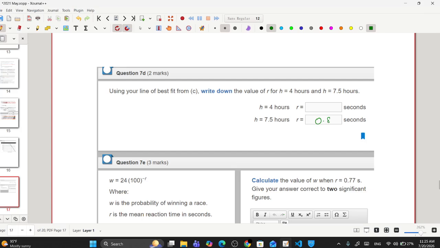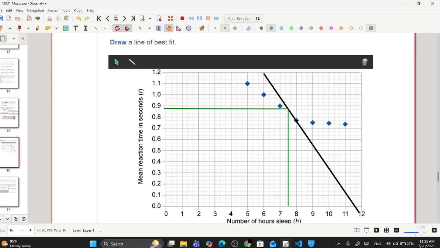For H equals 4, this is going to be a little bit tricky because we don't have a line extrapolated. But the good part is that we can do some sort of a prediction, can't we? Just look, at the value of 8, we have somewhere around 0.77.